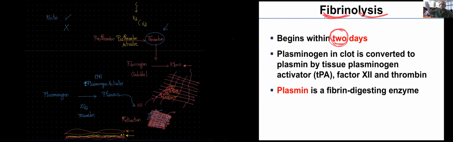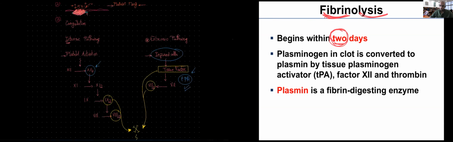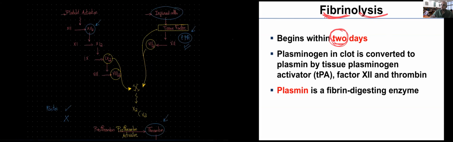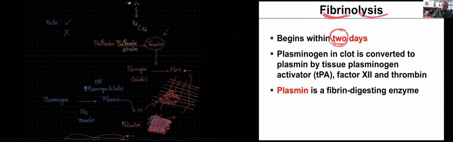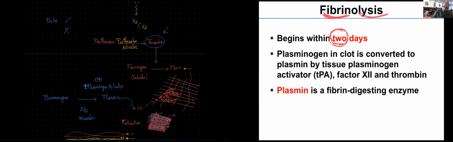So I've got activated 12, I've got tissue plasminogen activator, all at the same time as the formation, starting the stimulation here of the plasminogen into plasmin to degrade, but I won't notice any breakdown until 2 days of the formation.